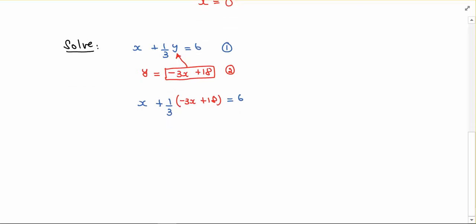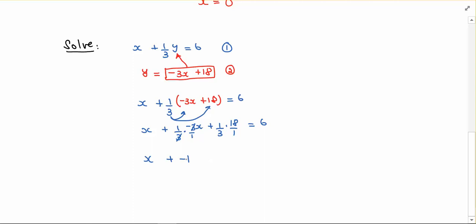So it's an equation with fractions, and I know that we don't particularly like that, but that's okay. We know how to make fractions go away, but we first have to distribute. So that's going to be 1/3 times negative 3x plus 1/3 times 18. So that's a negative 1, right?